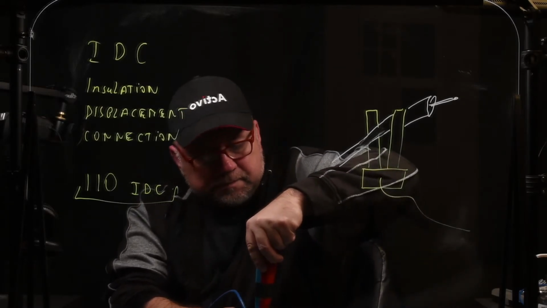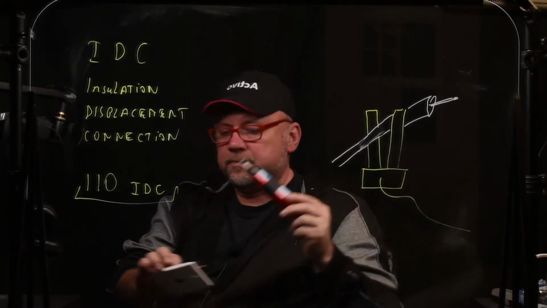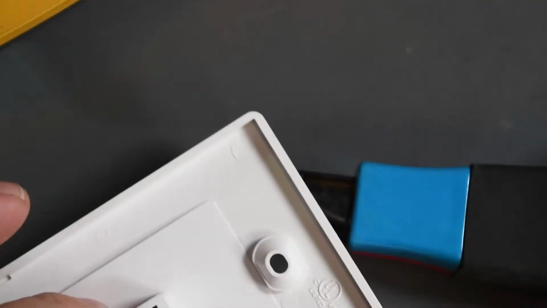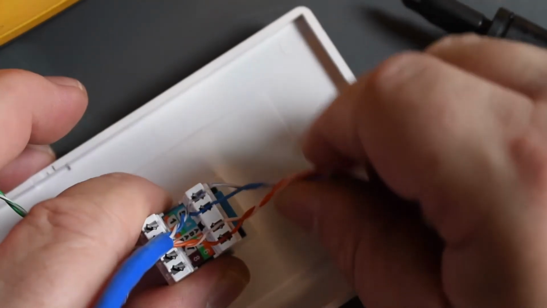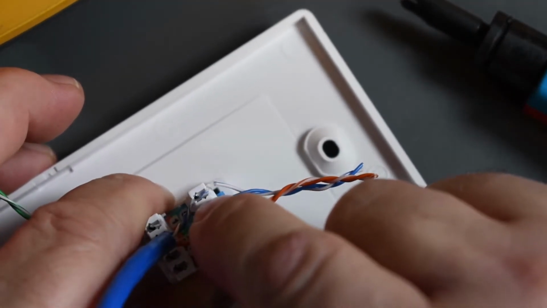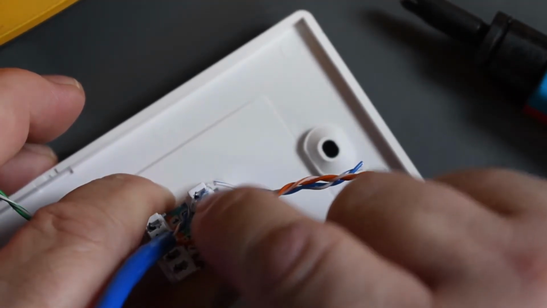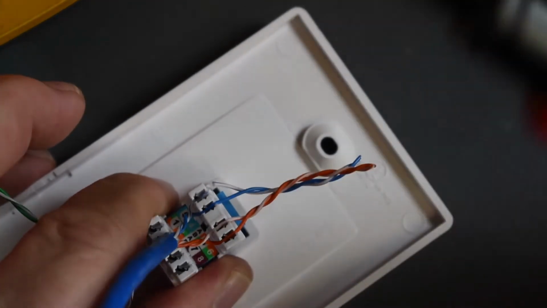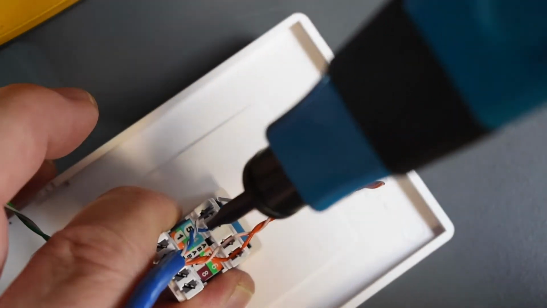Now you can see that the knife has already cut this part. This wire is inserted into the IDC, and that wire is cut off. So I'm just going to do the other one here.